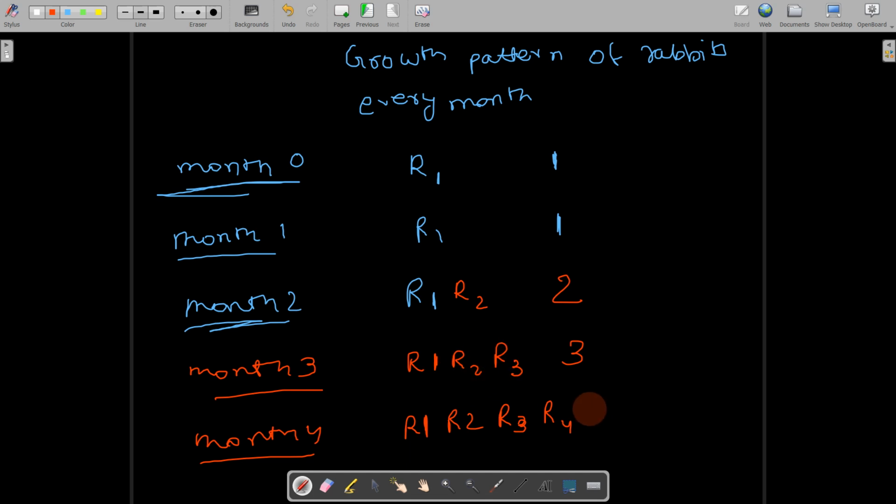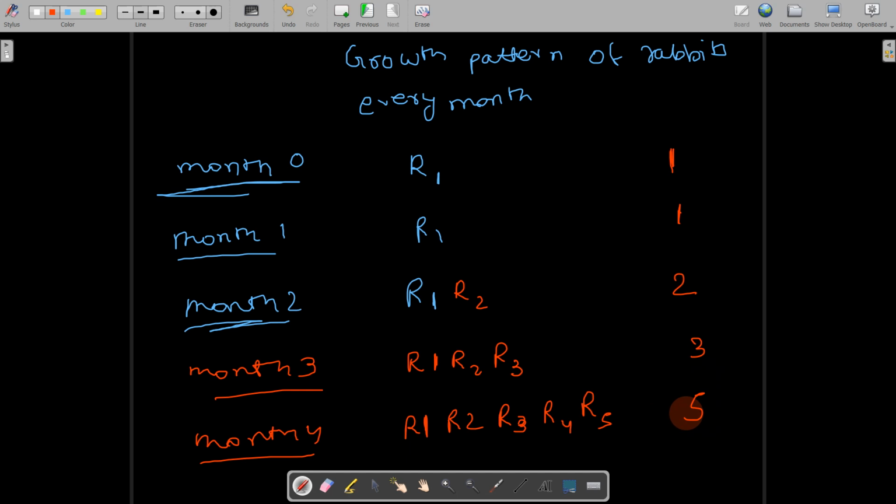R2 will also reproduce now, R5, but R3 will not reproduce. So we have 1, 2, 3, 4, 5 pairs of rabbits. So we will write it like this: we had 1, 1, 2, 3, and 5 couples of rabbits.